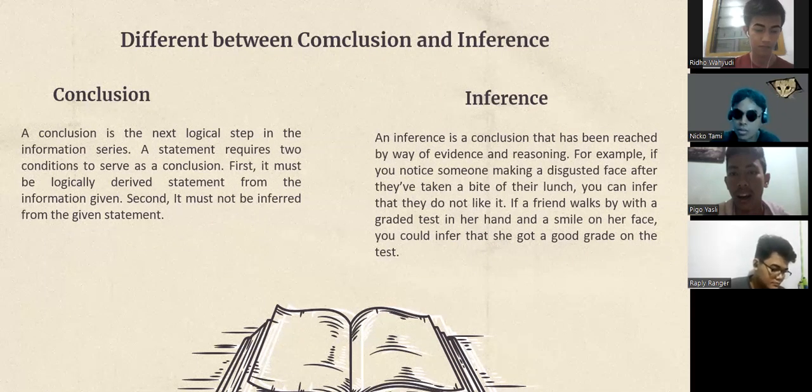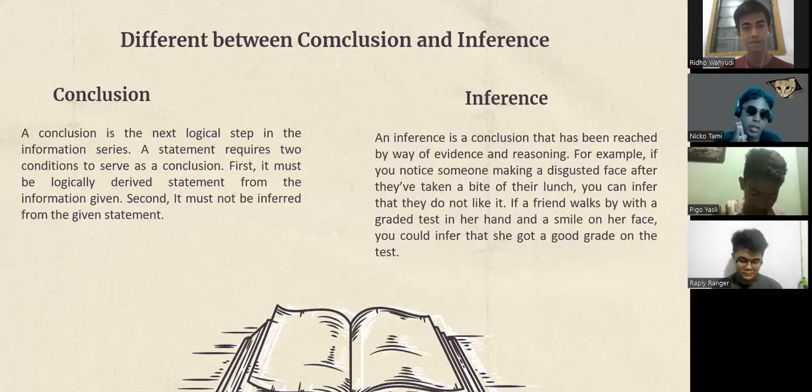So allow me to continue. It's about the difference between conclusion compared with inference. A conclusion is simply the next logical step in an information series. A statement requires two conditions to serve as a conclusion. First, it must be a statement logically derived from the information given. Second, it must not be inferred from the given statement.